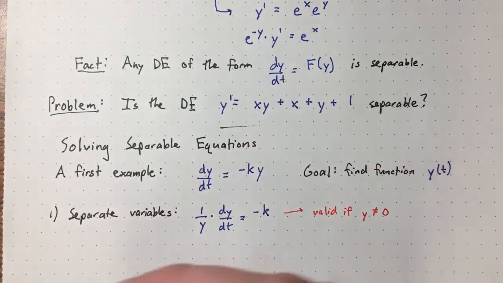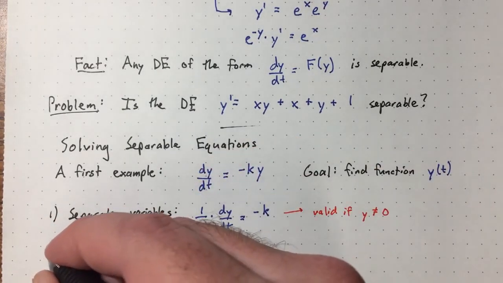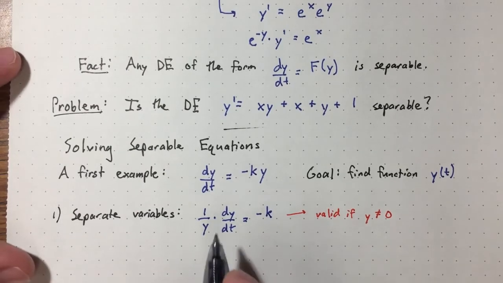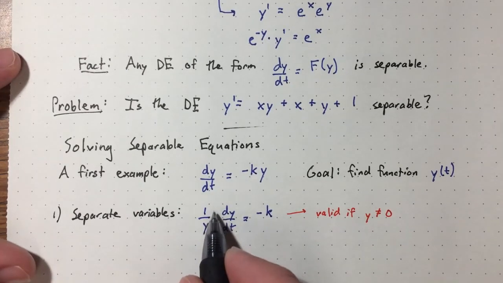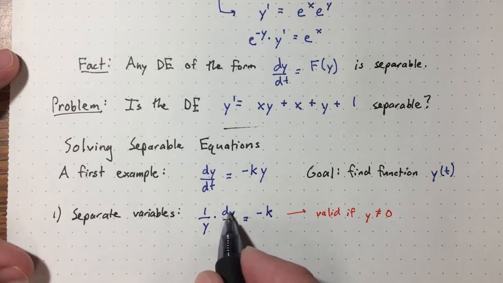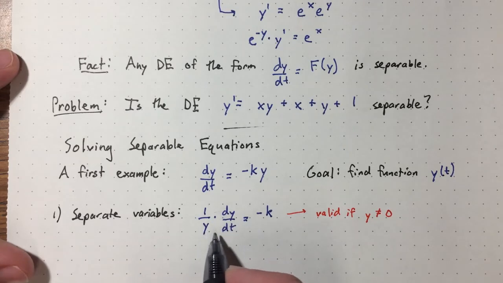And next, what we're going to do, okay, before I write the next step, I actually just want to notice something here, which is we have a function of y here, and then we're multiplying it by dy/dt, by the derivative of y with respect to t.